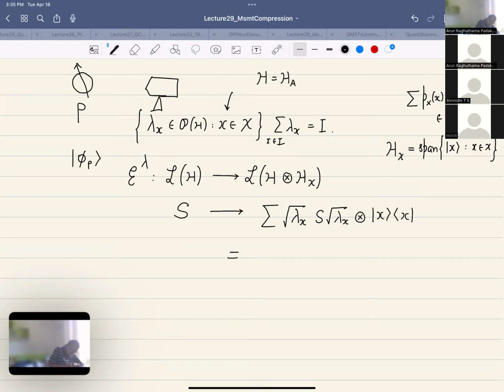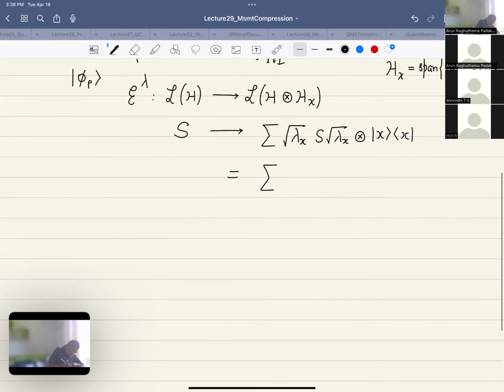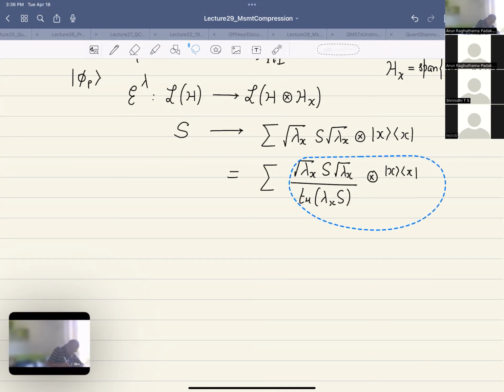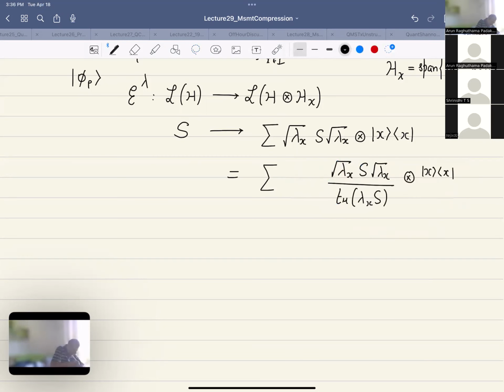The other way to look at this is the following: root lambda x S root lambda x divided by trace lambda x, tensor xx, scaled by trace lambda x.